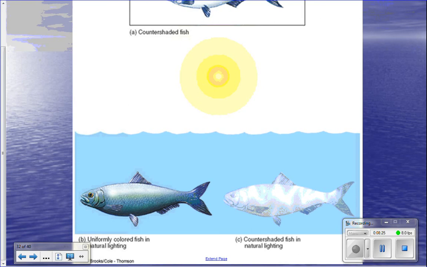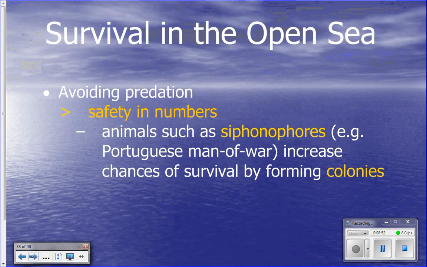And then that light ventral side, because it's in shadow, but because it's a lighter color, it doesn't look as dark as it would if it was that dark blue, and therefore it helps to break up this fish from the side as well. Kind of cool, huh? So counter-shading, it's a good thing for these little fishies. So many of the fish that you find out here in the open ocean will have that counter-shading to try and avoid being eaten.